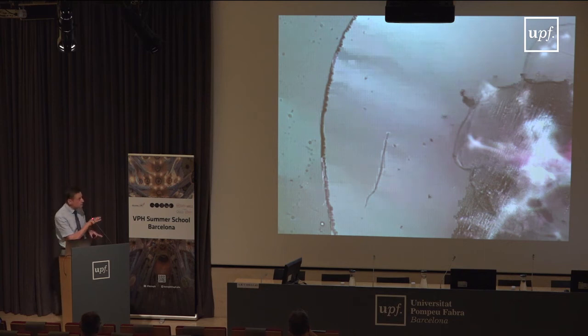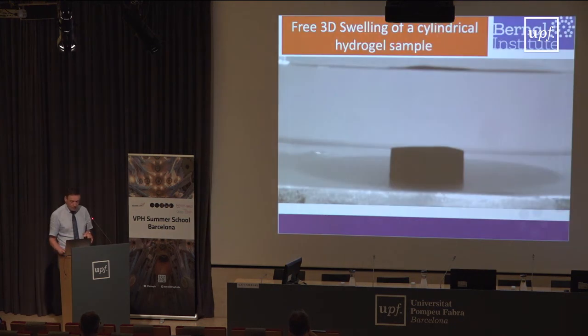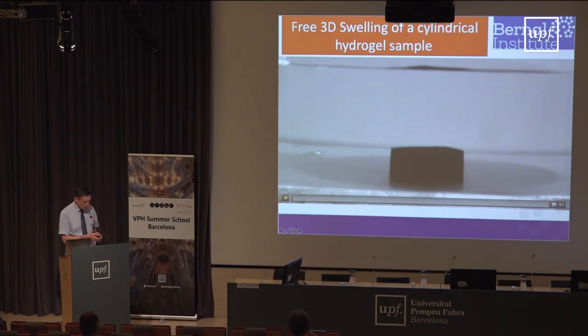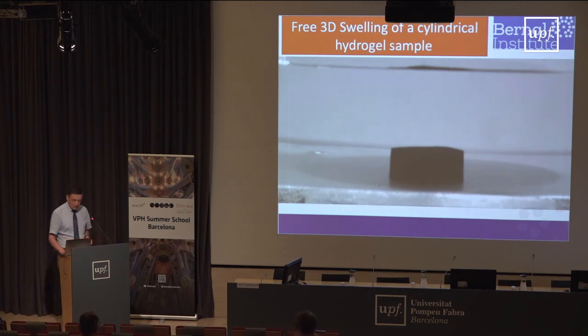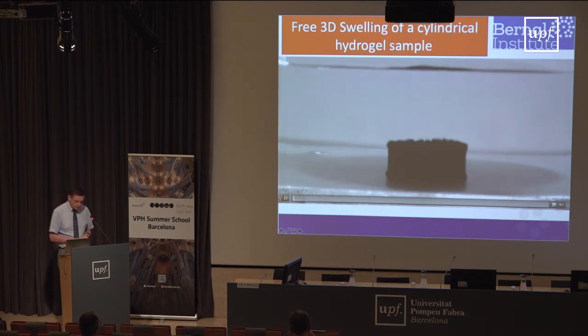So you see surface instabilities coming up, and to illustrate this even better, I can show you another video of a gel of cylindrical form, which we move from high salt concentration to low salt concentration, and then it starts swelling.